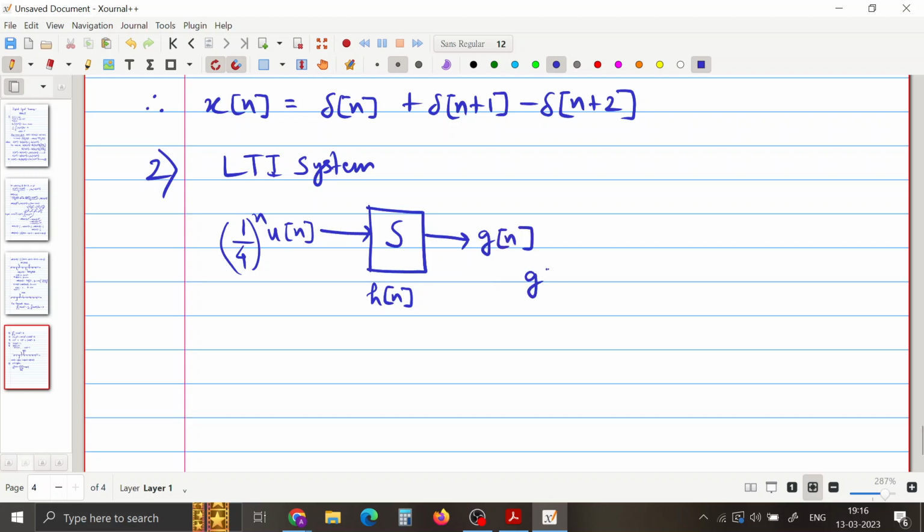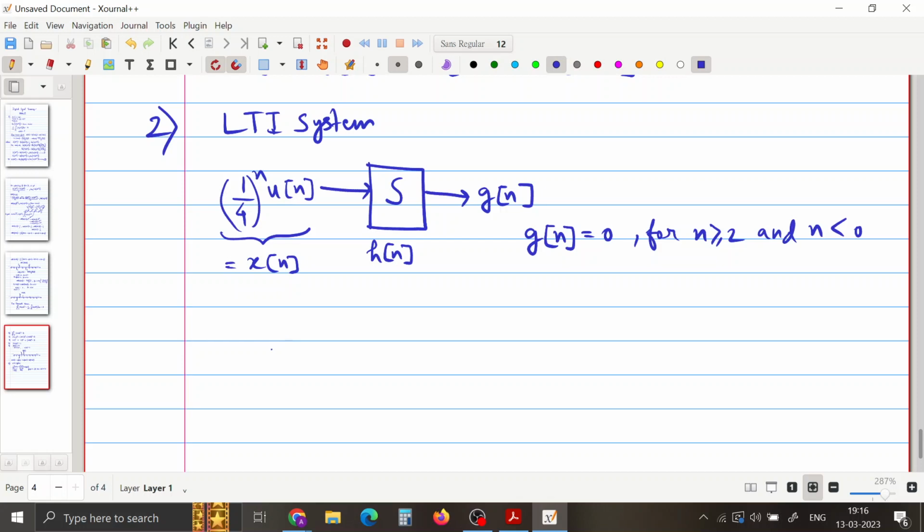As per the information, g of n is 0 for n greater than or equal to 2 and for n less than 0. Let's say this is the input, so let me label it x of n.